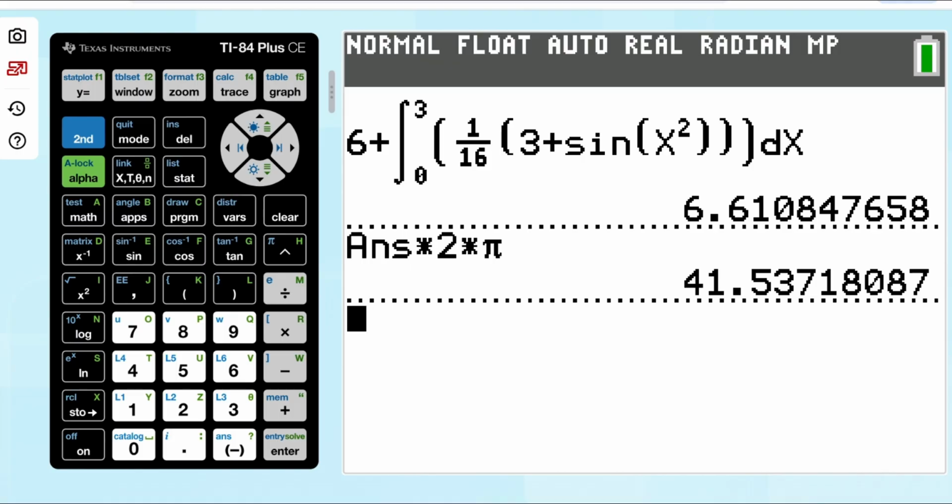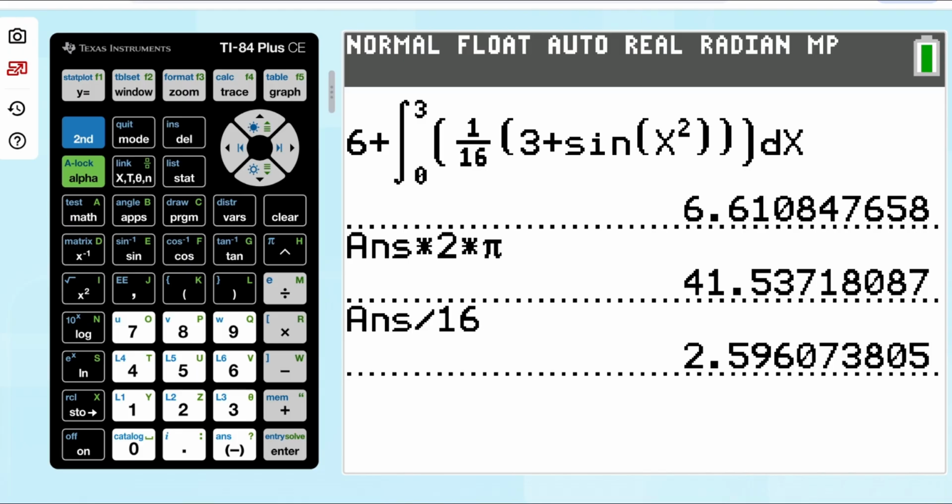And now we just need to multiply by r prime of 3, or this value here, at 3. So we'll now do times 1/16. Really we can just do divided by 16 there. And now we're going to multiply that by 3 plus the sine of 3 squared, and that would be the sine of 9.